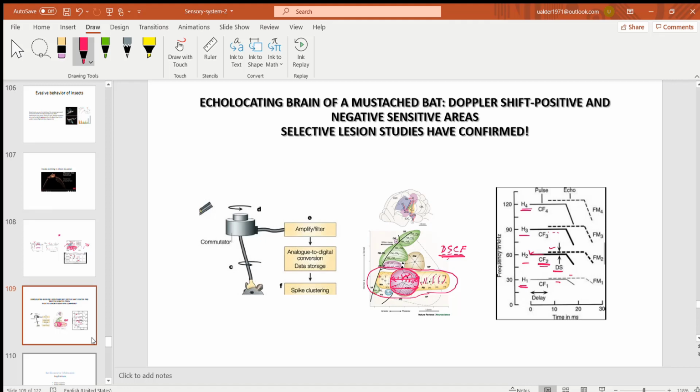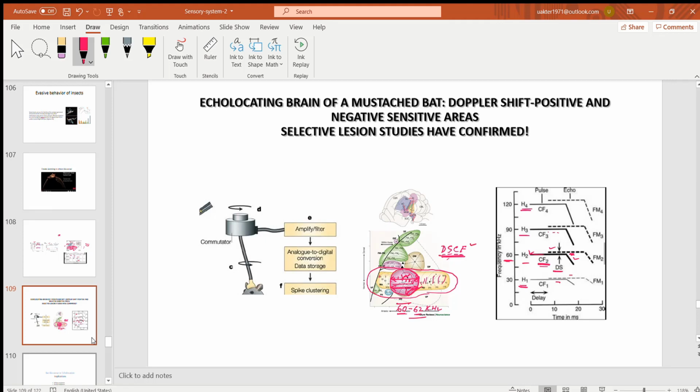So this DSCF area, as I told you, is expanded but a narrow range, like 60 to 62 kilohertz. So all these neurons in this big area respond to this narrow range of frequency. And the bat always produces the pulse in a way that the returning echo must be processed within this DSCF area.